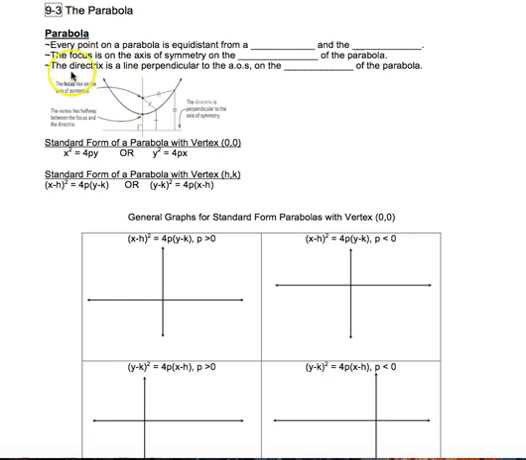So just like in our other sections, if we start with the definition, every point on a parabola is equidistant from both a focus and what we call the directrix.